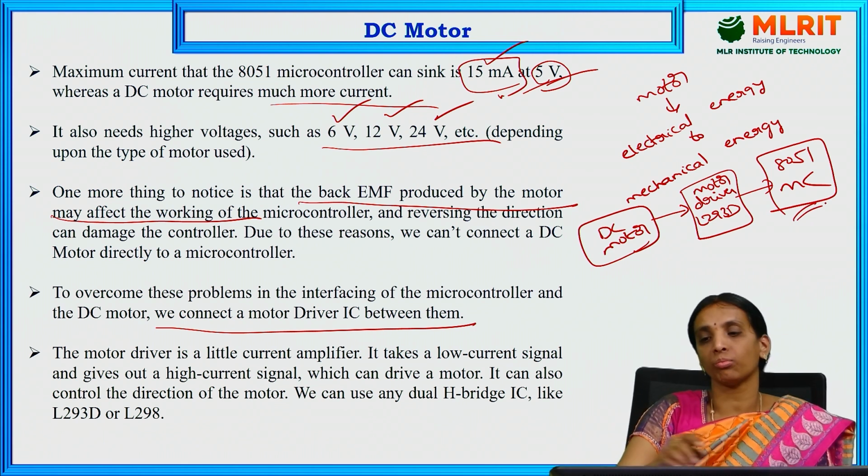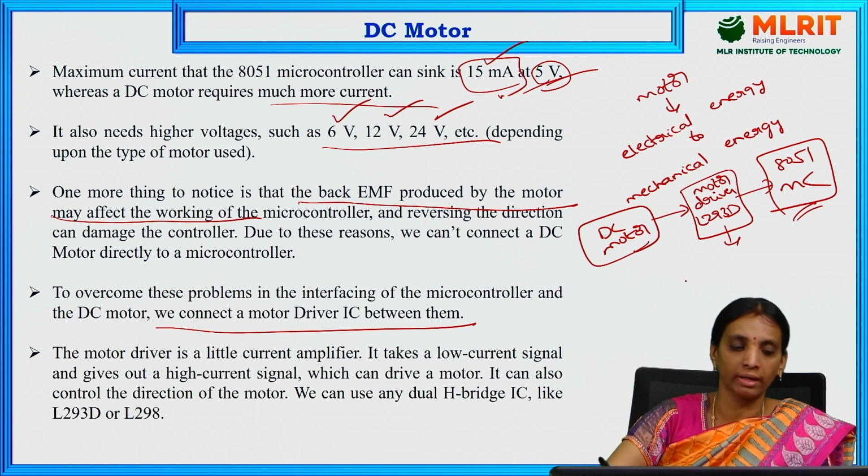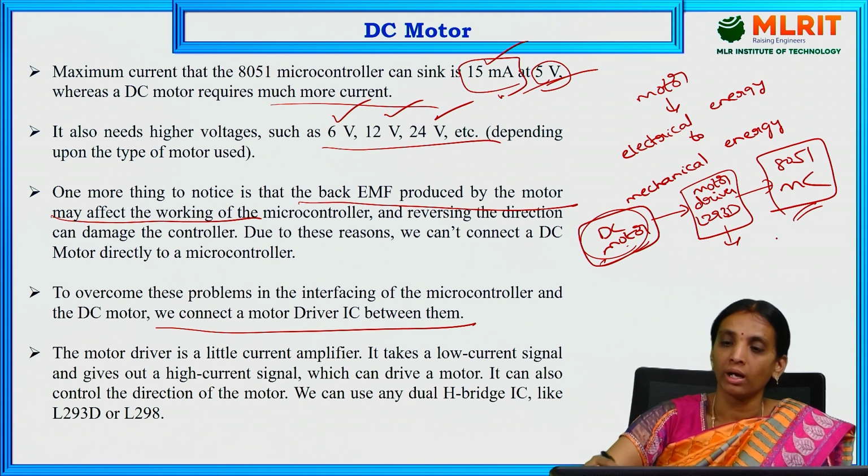This motor driver is used as an amplifier, which takes the low current signal and gives a high current signal used for driving the DC motor. The low current is developed by the microcontroller and the high current is required by the DC motor.